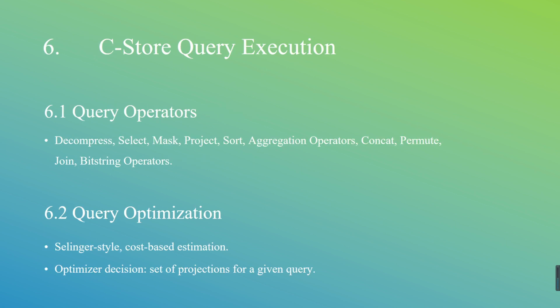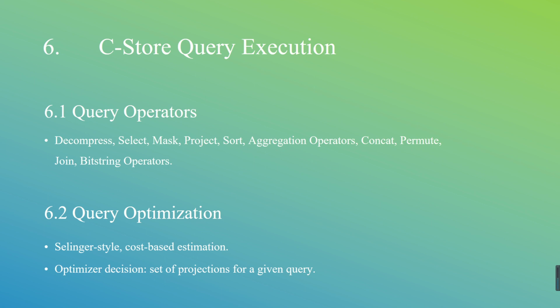When it comes to C-store query execution, the query operators in C-store are quite similar to traditional SQL operations, and the main operators include decompress, select, mask, and so on.